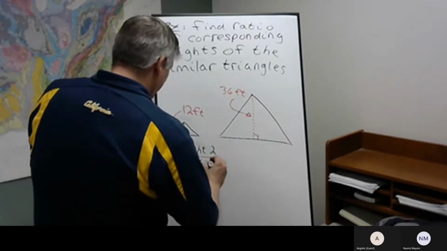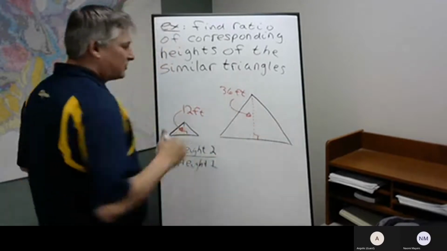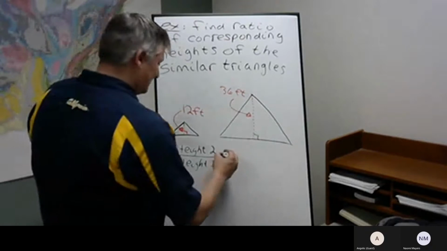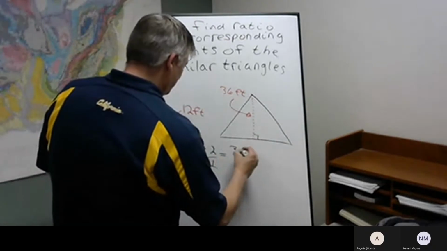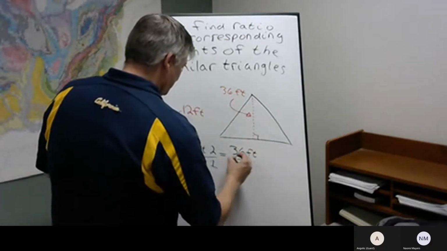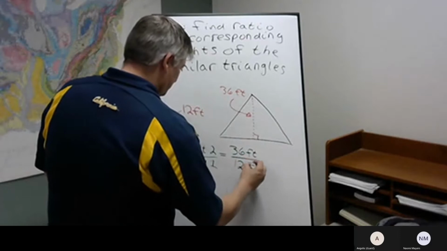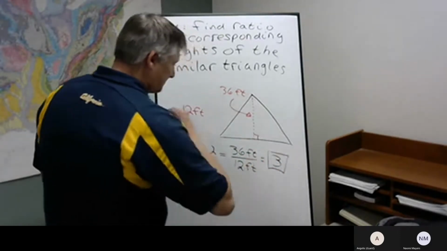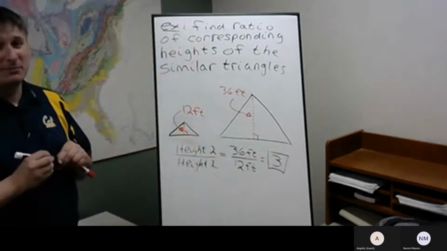And I'm going to use this format where the second triangle is the biggest triangle, the first triangle is the smallest. And so that's going to be your answer.